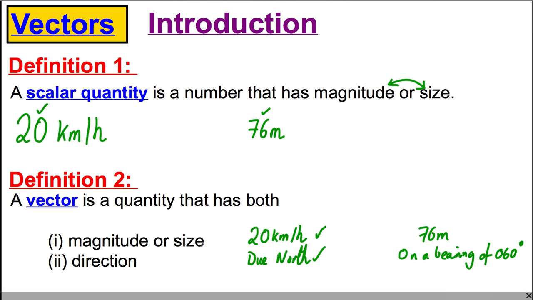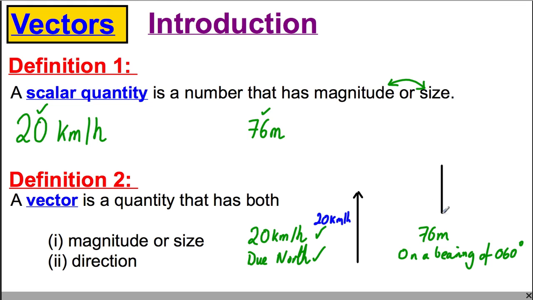So just to make this clear, this at the moment is just a number, and this is just a number. However, when we give it a direction as well, 20 kilometers per hour due north, we can actually draw a picture of that. What we're saying is we're going 20 kilometers per hour, but we're going in that direction there. Okay, and similarly with this, we're going 76 meters on a bearing of 060.